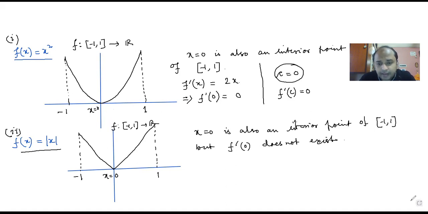Now one more thing I would like to discuss, and you must know this. Let us draw this figure. I'm drawing a figure like this. Suppose this is x equal to 0 and this point is x equal to 1.